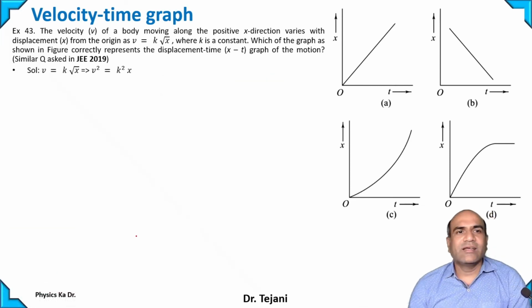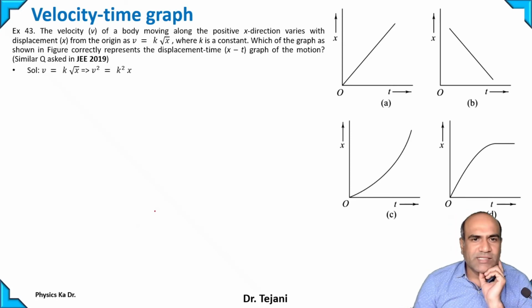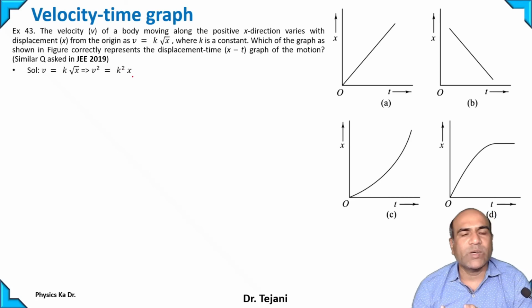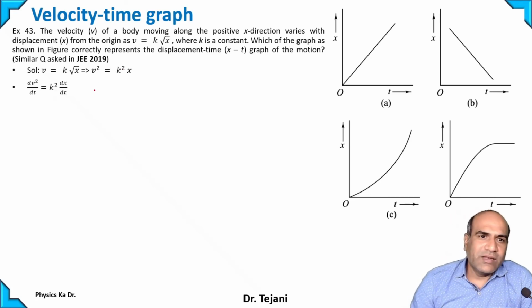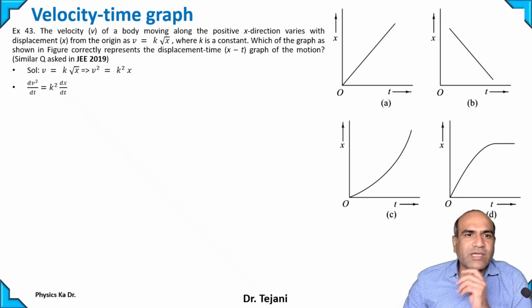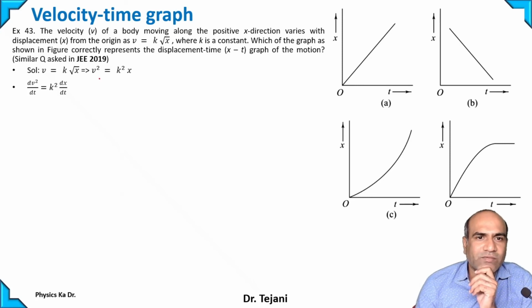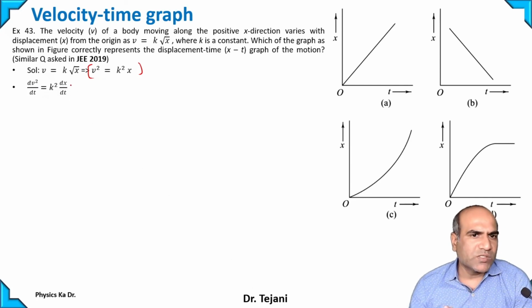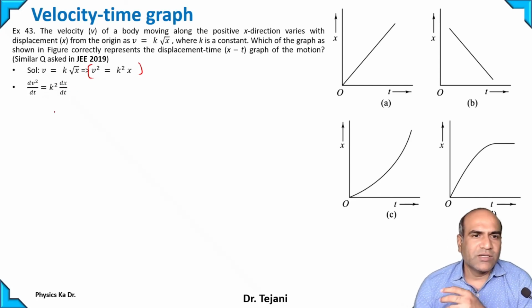Let's see. So v is equal to k root x. We can just take square on both the sides. So v square is equal to k square x. Then we can differentiate dv square by dt. We are differentiating this term. dv square by dt is equal to, k is constant, we can take outside, k square dx by dt.